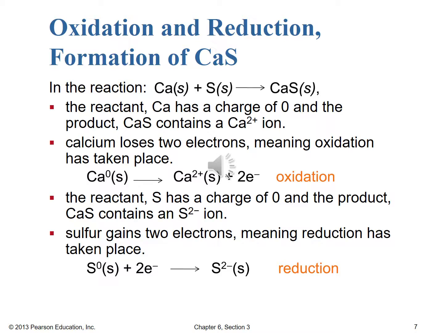It tends to gain 2 electrons to end up with a group 18 or group 8A noble gas configuration, and therefore develop a 2- charge. So if we go from 0 to -2 on the number line, that's moving to the left. That's indicative of reduction. So here we see that sulfur solid plus 2 electrons yields sulfide ion.